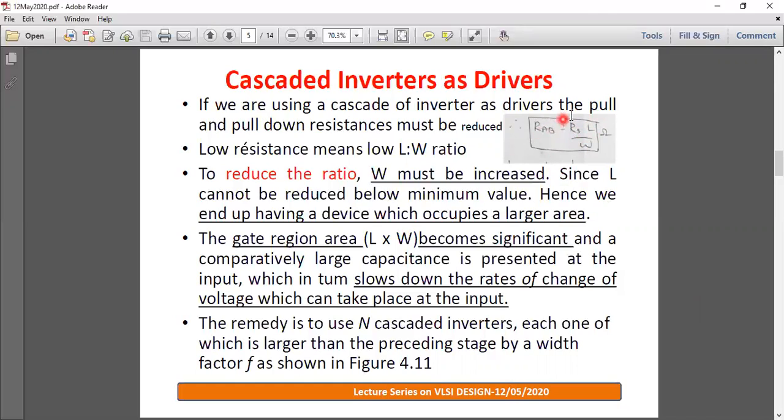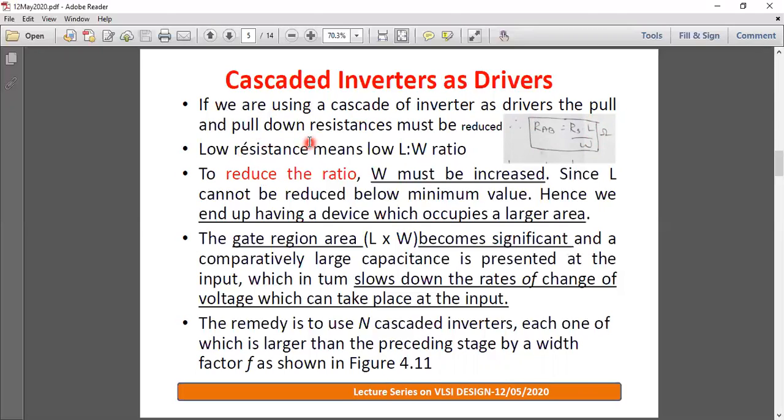So resistance is directly proportional to L by W. If you want to reduce the delay, you need to reduce the R into C value, that is the RC product. So if you want to reduce the resistance, you need to have a low L to W ratio.